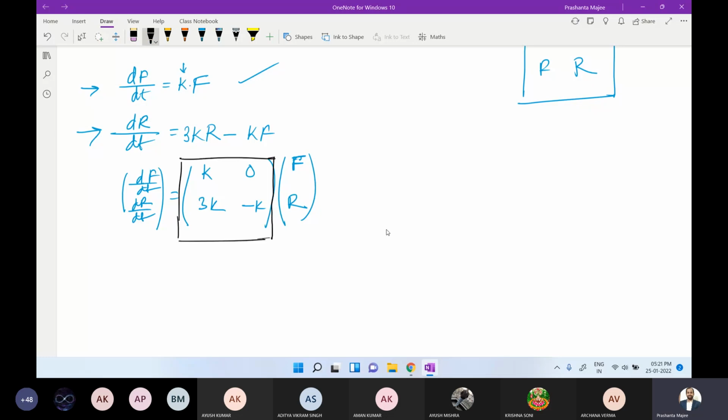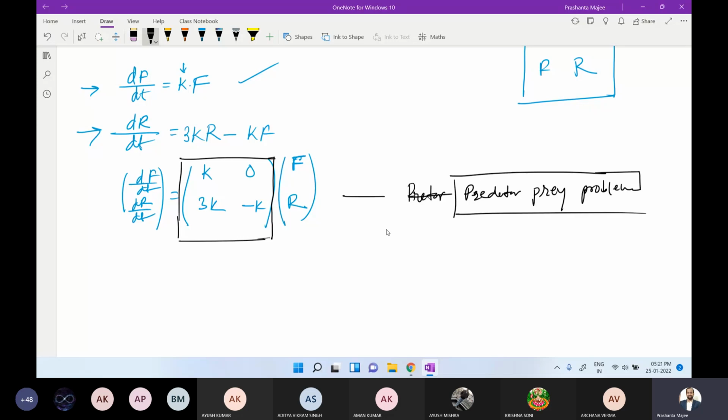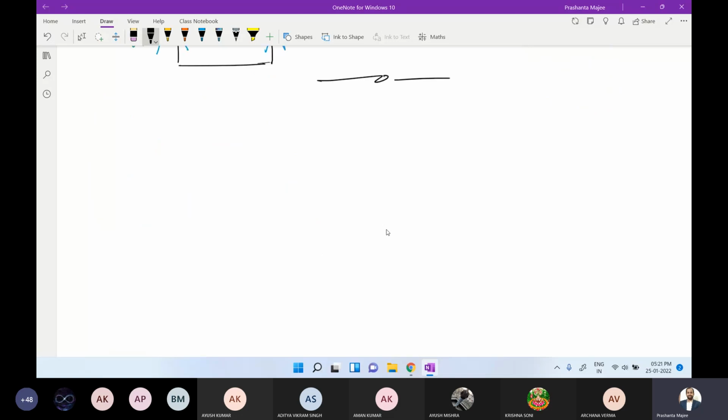Whatever initial value you take, it will be converging to an eigenvector of this matrix. This problem is known as the predator-prey problem. So this is an eigenvalue problem. You have to find out the eigenvalue and its corresponding eigenvector. So we are going to learn how to find the largest eigenvalue and its corresponding eigenvector.